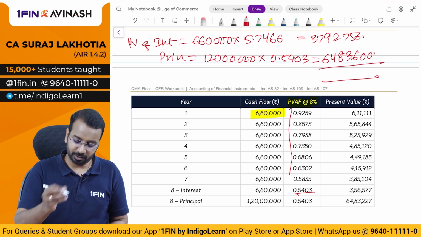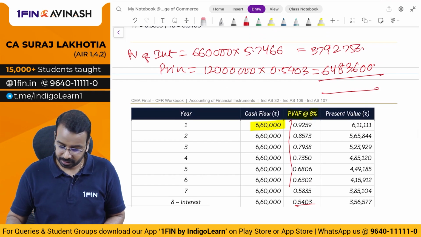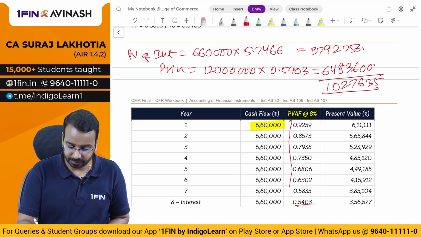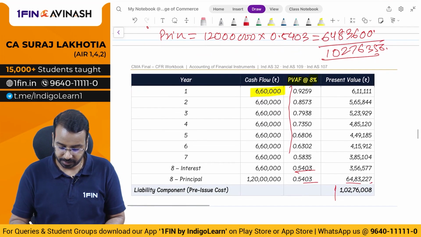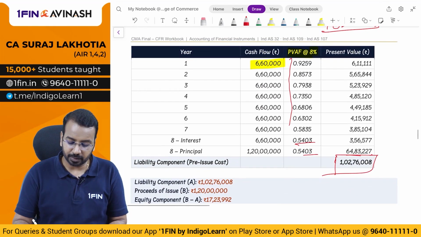See, the material also they have taken full values and done the calculation. Anyways, plus 3792756 is equal to 10276,356. 10276,008, 300 difference, it's okay. Alright. So, this is the present value of liability.